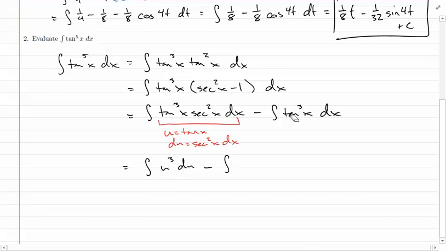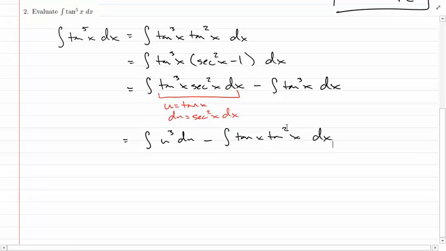The integral of tangent cubed, what do we do? Basically, we do the same thing. We split it up as tangent x times tangent squared x. I'm going to replace the tangent squared with secant squared minus 1 and split that up into two different integrals that can both be done.